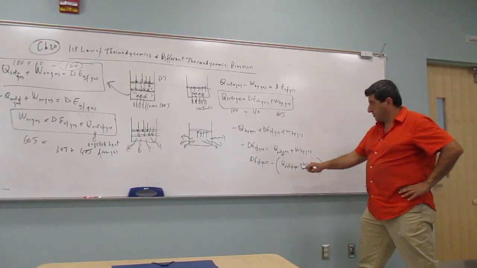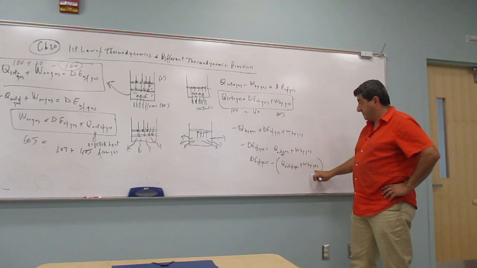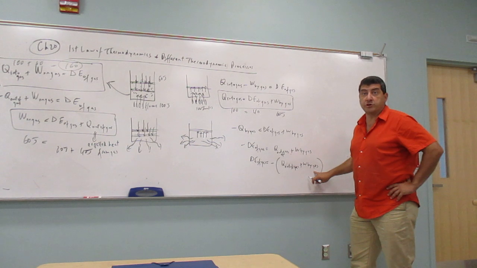You see? So delta E of gas is negative Q out of gas plus work by gas. So what's going to happen, it's going to cool down a lot in this case.